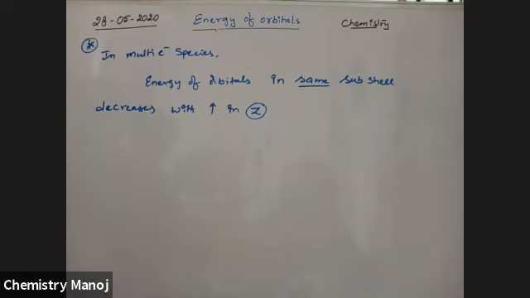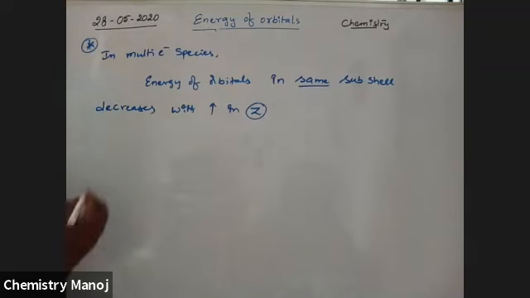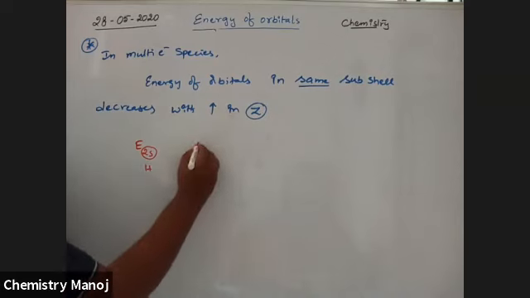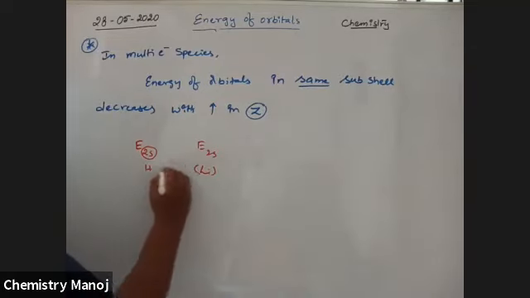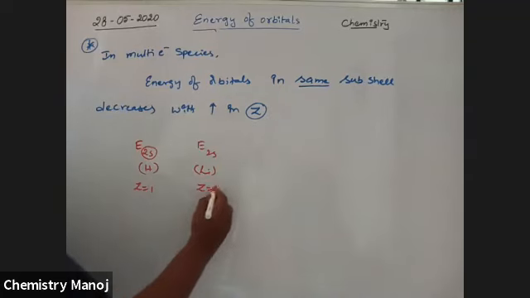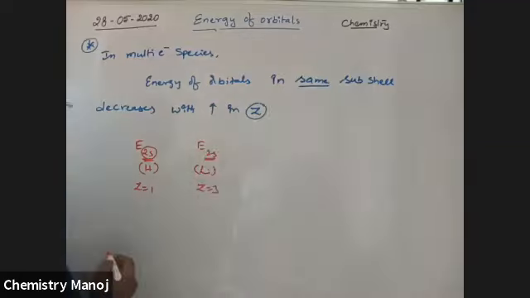For example, see here. Energy of the 2s orbital in hydrogen atom, and energy of the same 2s orbital in lithium atom. Here Z is equal to 1, here Z is equal to 3. This is a 2s orbital, this is a 2s orbital, same subshell.